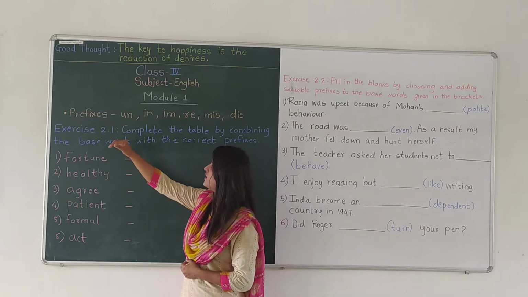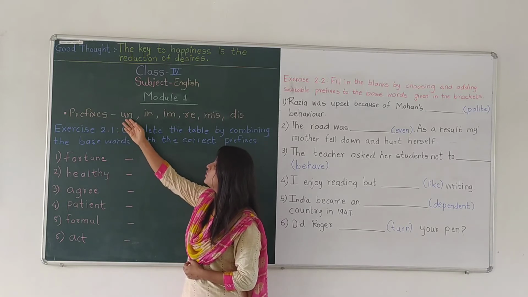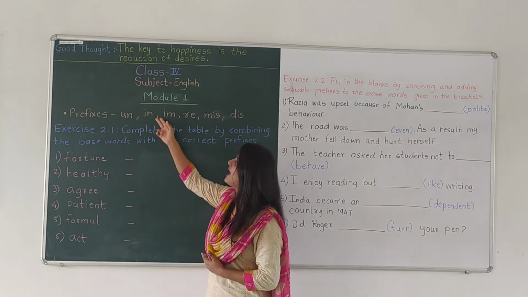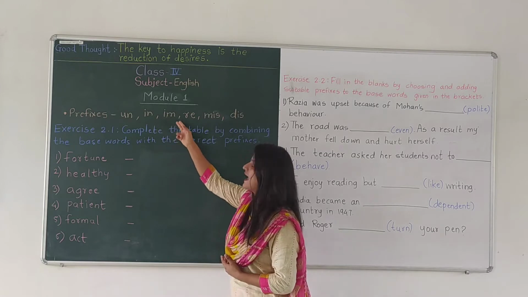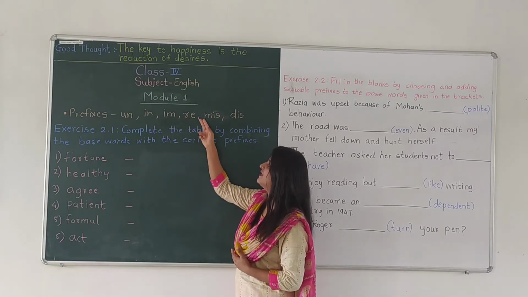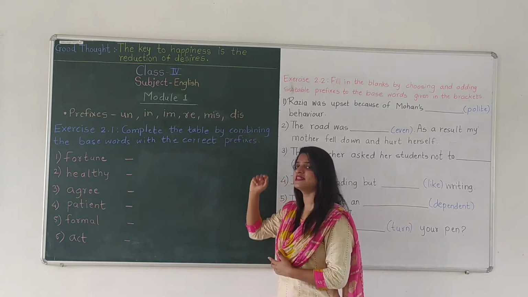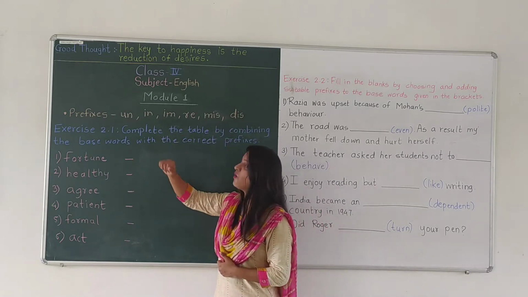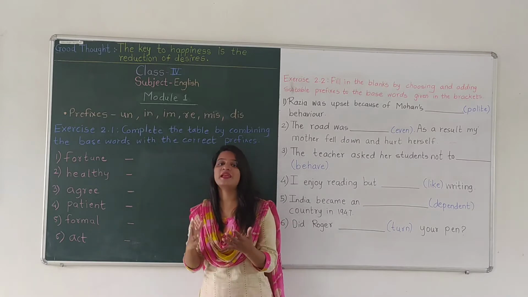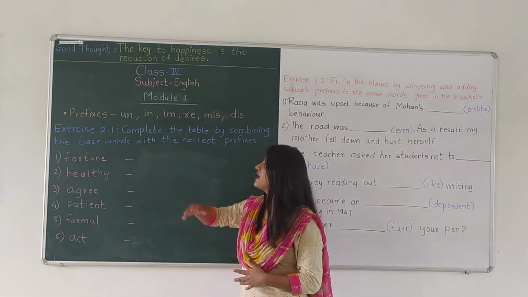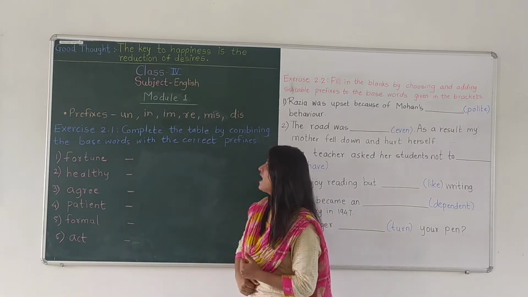Now let us look at the prefixes. Today we are going to learn these prefixes: un, in, re, mis, and dis. Now un means not. It conveys the negative idea.